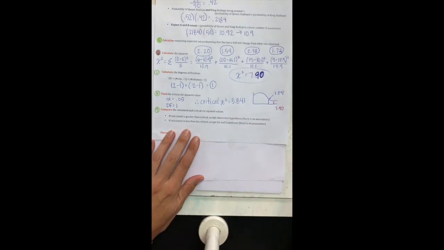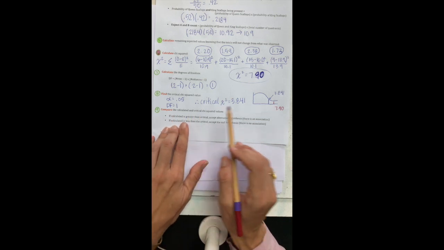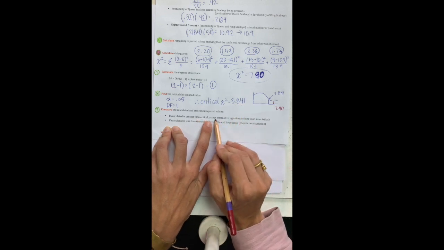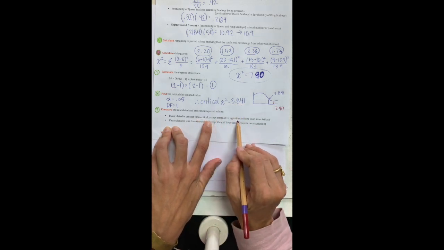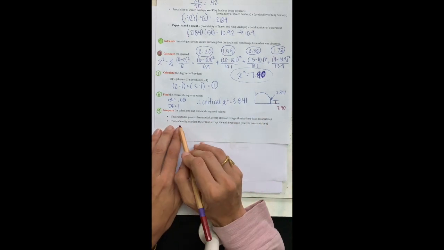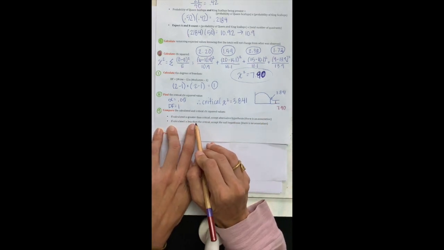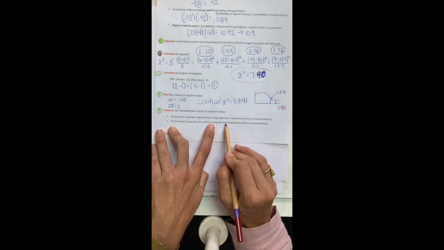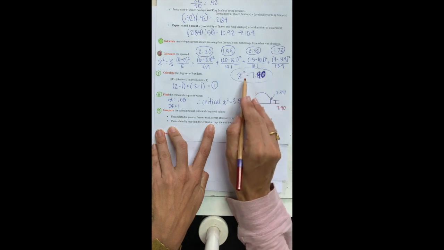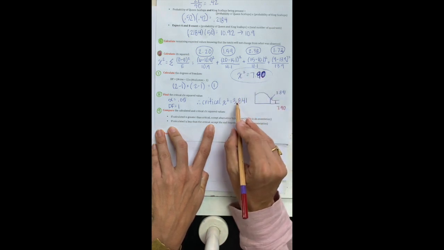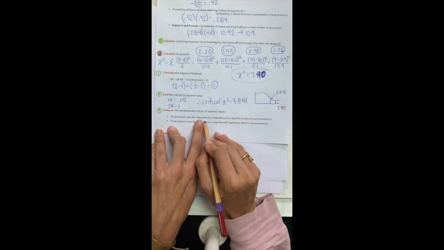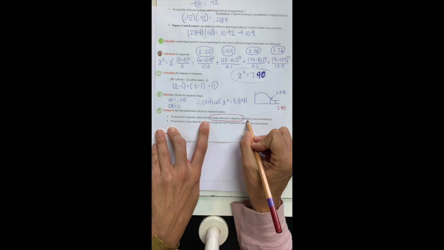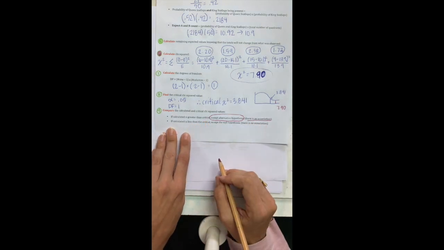So if our calculated chi-squared is greater than the critical, accept the alternative hypothesis: there is an association. If your calculated is less than the critical, then you accept the null. Our calculated chi-squared is larger than our critical, so we accept the alternative hypothesis. So there is an association.